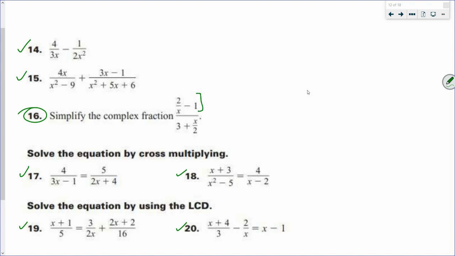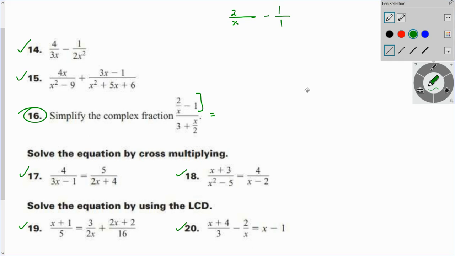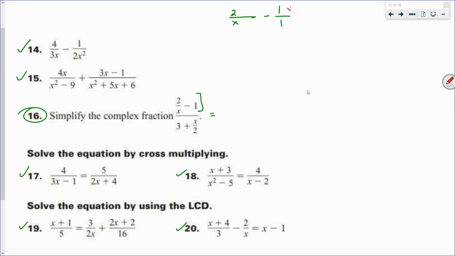First thing I'm going to do is write this top in common denominator. So it's 2 over x minus 1 over 1. So that tells me this side needs an x over an x. So we can rewrite this top as (2 minus x) over x, big fraction bar.